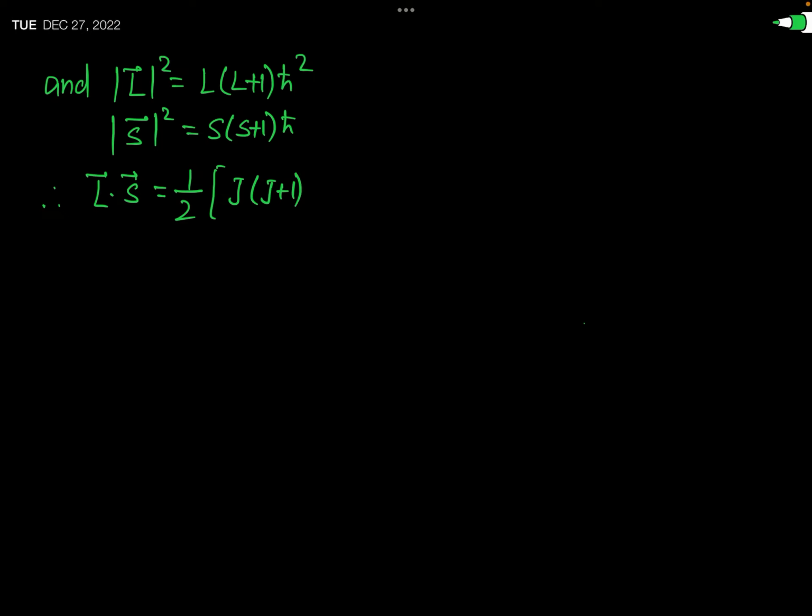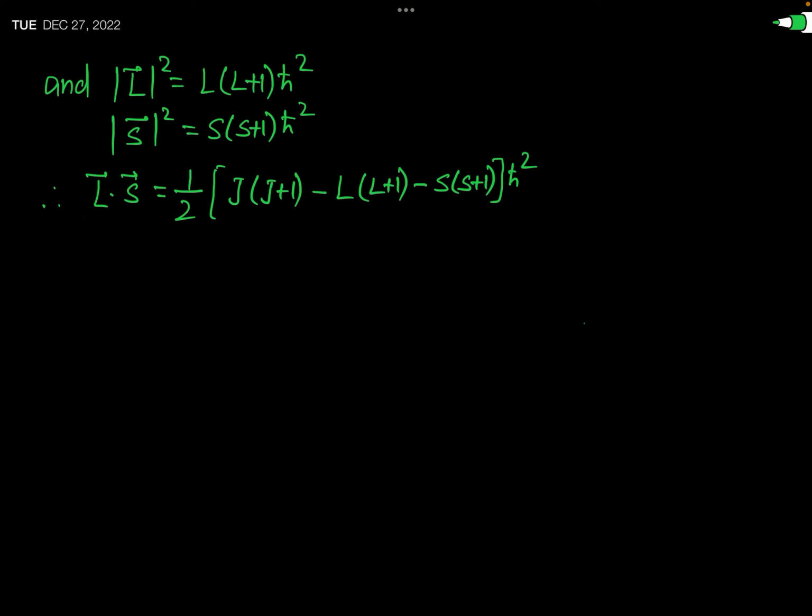But you can see that in all these three terms h bar square is a common factor, so you can take it out as a common factor, minus L times L plus 1 minus S times S plus 1.